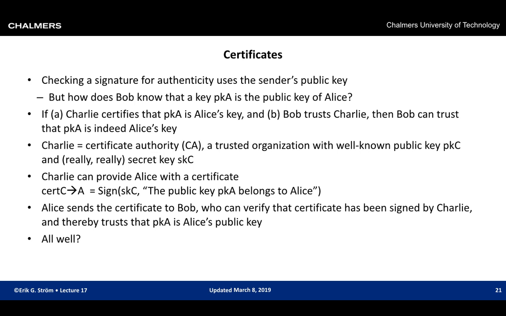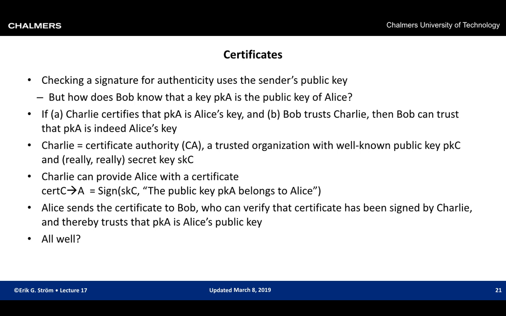So was the idea reasonably clear, right? The problem we want to solve is that Bob should be reasonably sure that a certain number of bits is actually the public key of Alice. Okay? And the way to do that is that Alice provides a certificate where somebody that Bob actually trusts and knows claims that this is the fact, the truth.